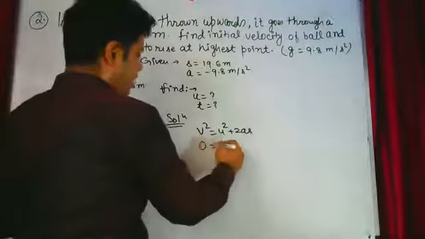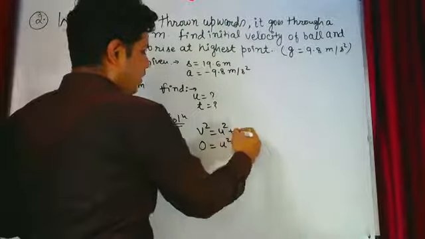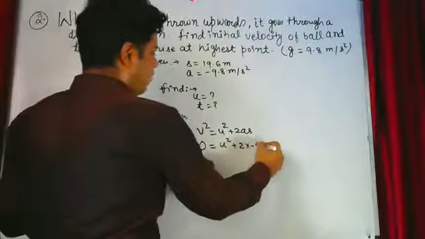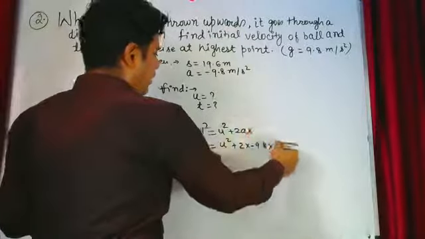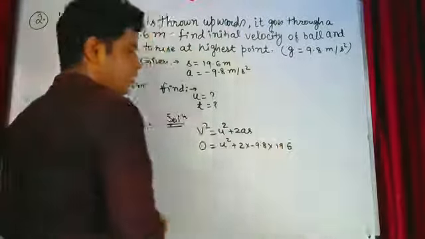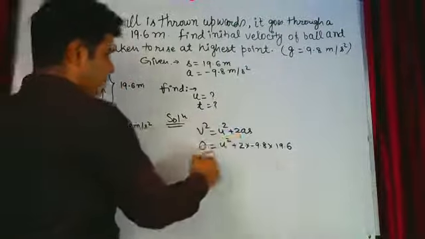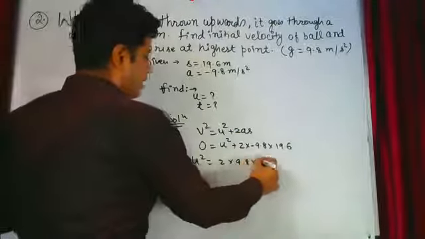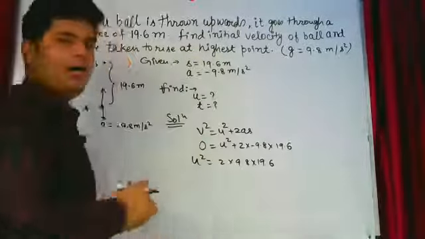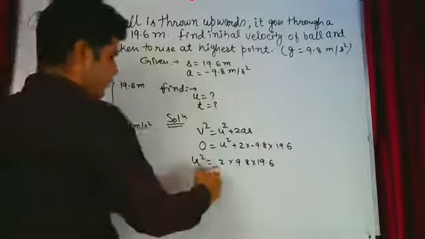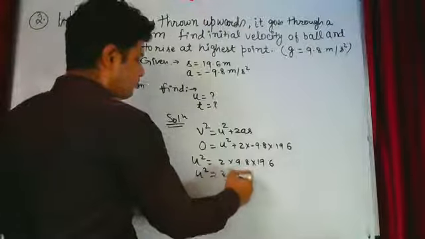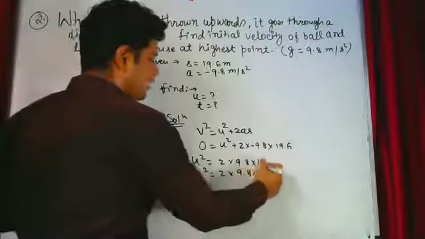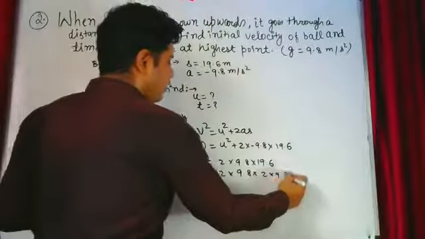If its speed is zero, this is 0 equals u square plus 2a, where a is minus 9.8 and s is 19.6. So u square equals 2 into 9.8 into 19.6. Now how to solve this smartly? I am going to write this 19.6 as 2 into 9.8.